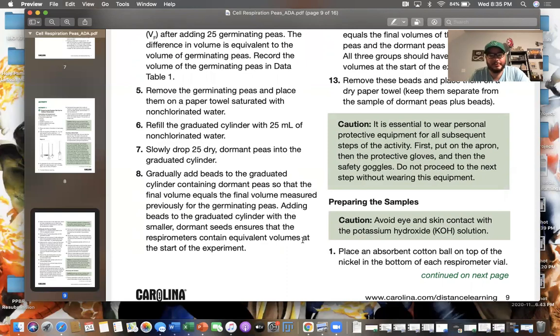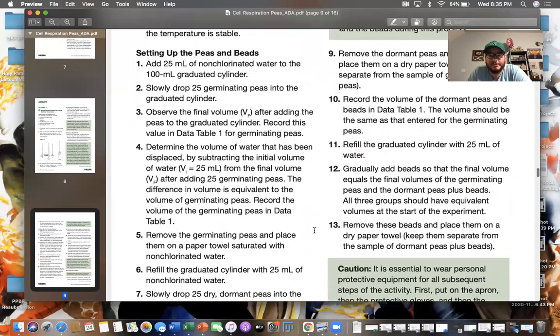dry peas in there. All right, then gradually add beads to the graduated cylinder containing dormant peas so that the final volume equals the final volume measured previously for the germinating peas. Adding beads to the graduated cylinder with the smaller dormant seeds ensures that the respirometers contain equivalent volumes at the start of the experiment.